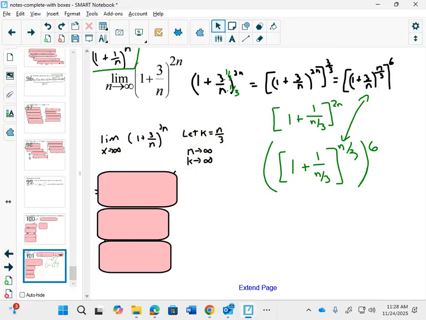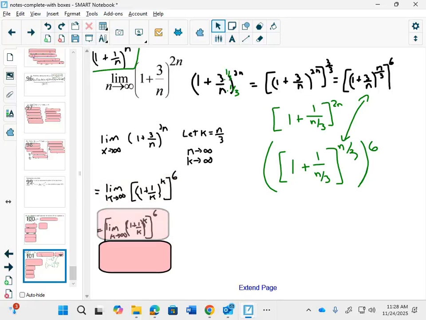And then I let my k equal the n over 3. As n goes to infinity, k would go to infinity. And this is equal to e to the 6.